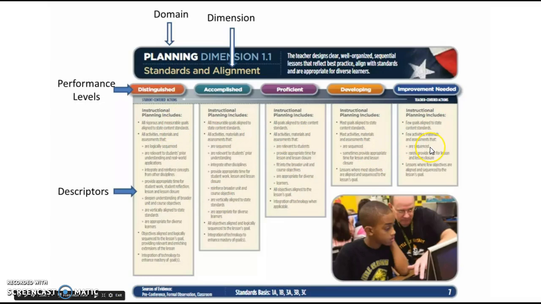Think back to the activity that we did in the lecture hall where you were highlighting and circling or underlining and having conversations with people next to you with the rubric. After this video, I will put a link in the Nearpod for you to access the rubric if you want to look at that rubric, but we will continually be going through the rubric as we move throughout this year. But this is just that reminder of how to break down the rubric and what it is that you're looking at.